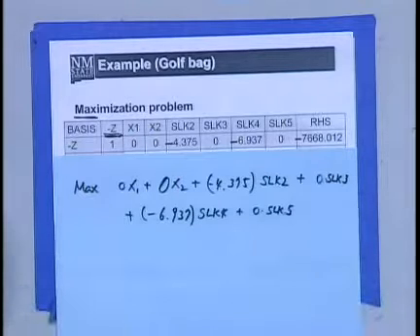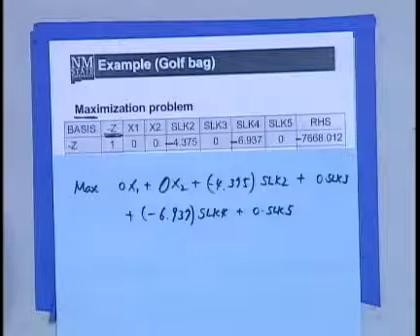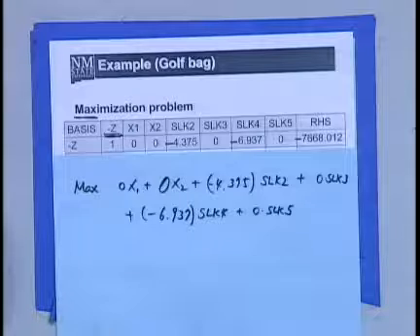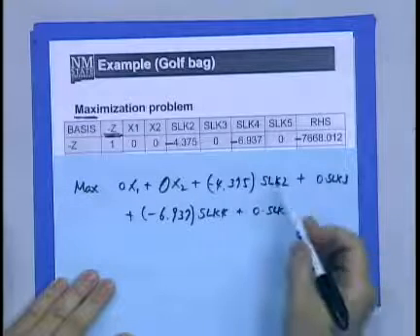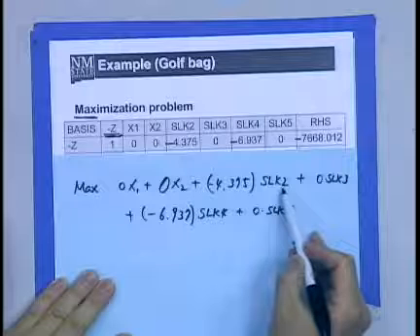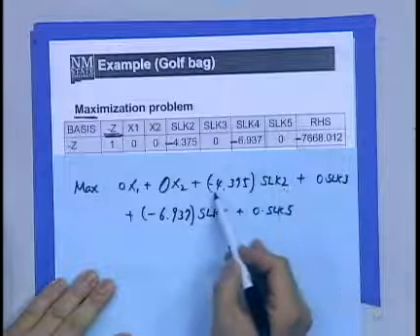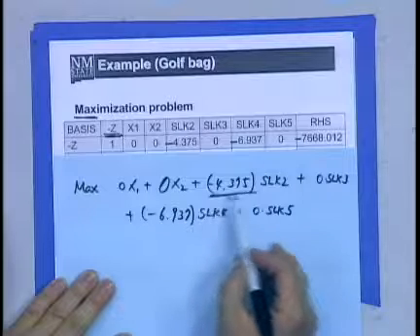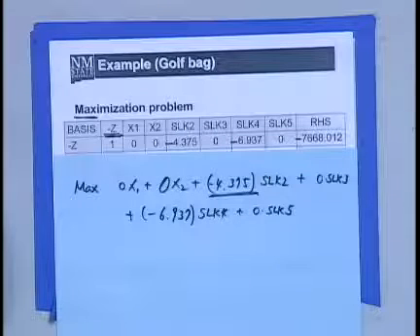Is this correct? So obviously, if you increase, for example, slack number 2 by 1 unit, then the objective function value will be decreased by 4.375, okay? Which is not desirable.